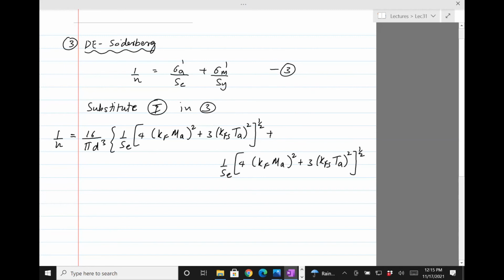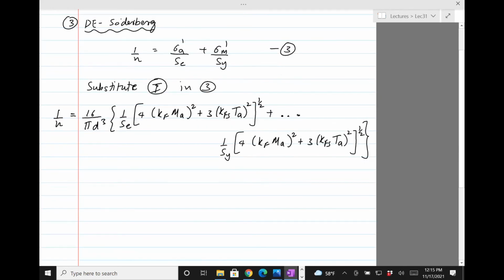Okay, so there'll be a plus, and then this would be Sy, and this curly bracket will close here. So it's the continuation.